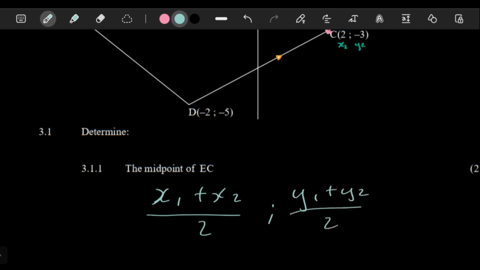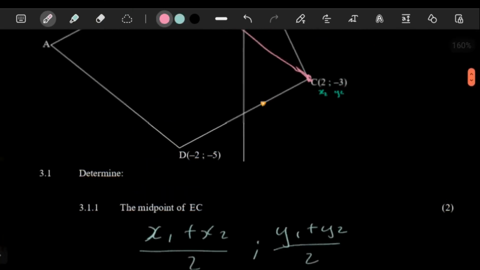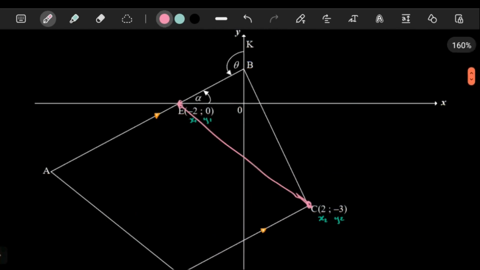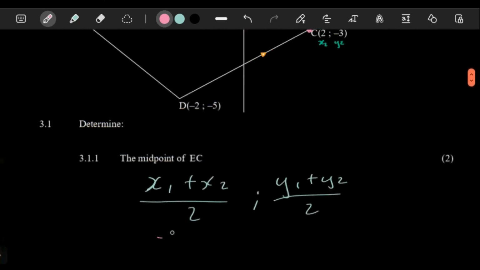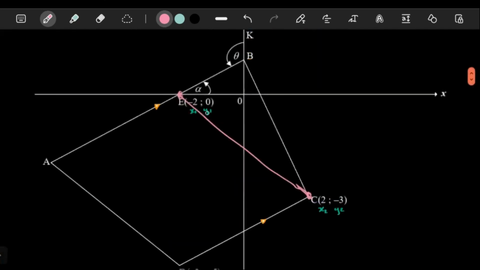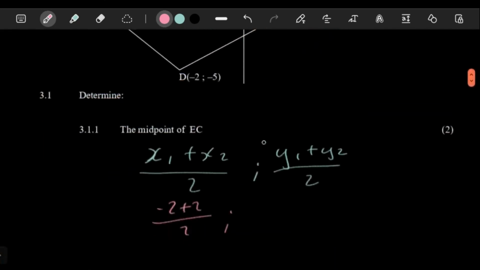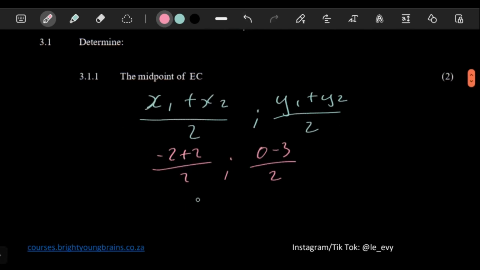But anyways, this is the midpoint formula. So we're going to say x1 plus x2: it's -2 plus 2, and then y: 0 plus -3. -2 plus 2 is a 0, divided by 2 is a 0.